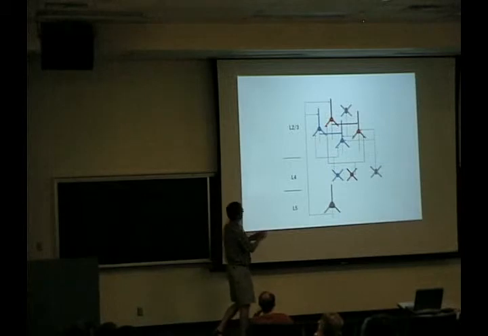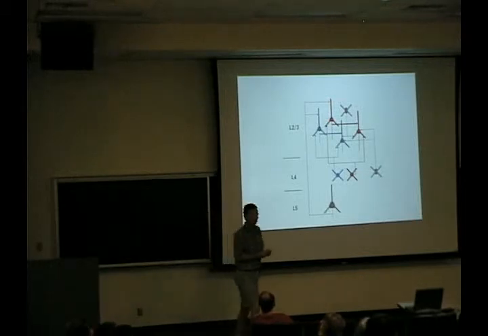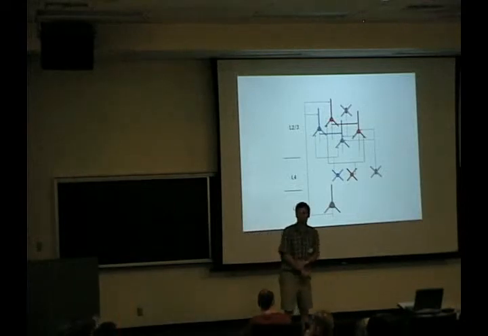And that cell grouping is reinforced by the recurrent connections within layer 2, 3. But feedback connections from layer 5 don't respect those same cell groupings, and inhibitory connections also don't respect those same cell groupings. And that's all. Thanks.